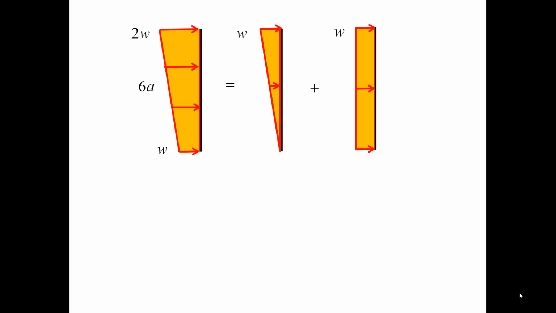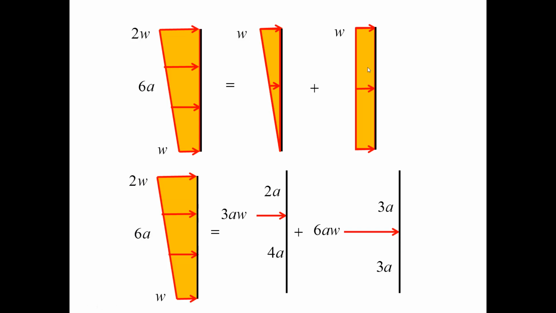This conversion starts with decomposing the trapezoidal load into a triangular and a rectangular. And then for the triangular load, the replacement involves the force 3AW, which is the area of this triangle, applied at a point located at the distance 2A from the top, 4A from the bottom.